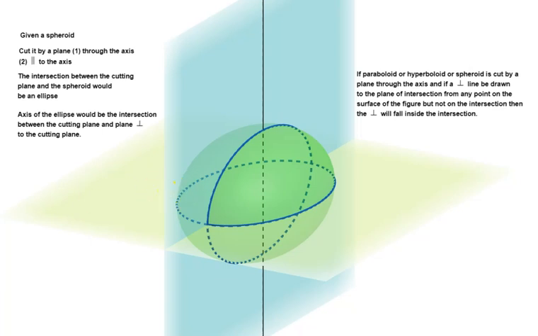What this means is that if we take a point on the surface of the spheroid and we drop a perpendicular from that point to the plane of intersection between the cutting plane and the spheroid, then that point, that is C, will fall inside the intersection.